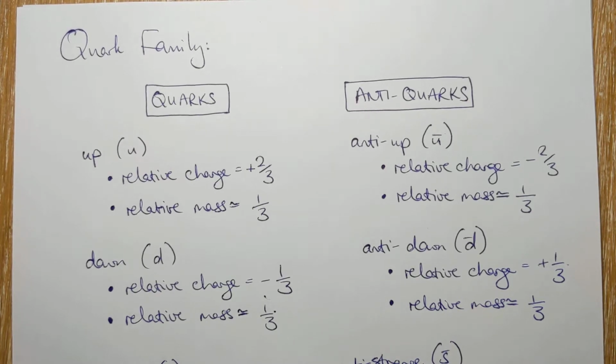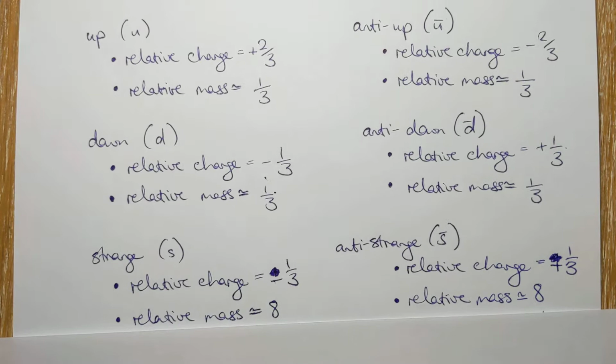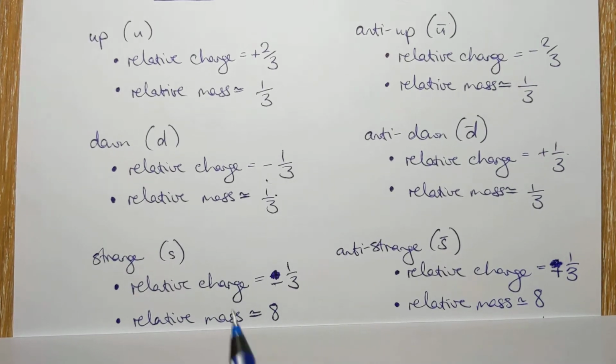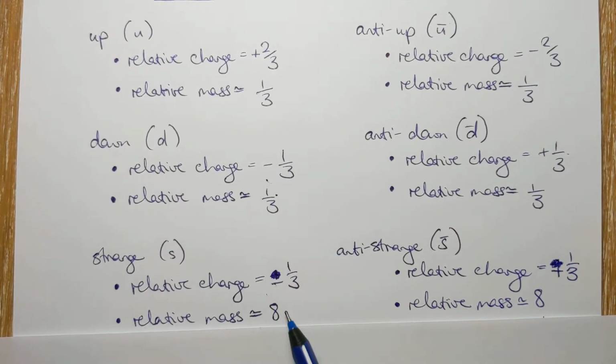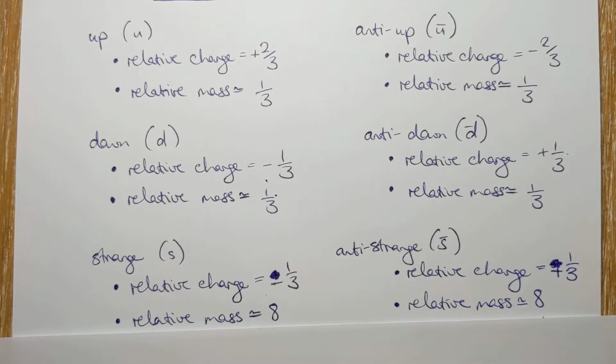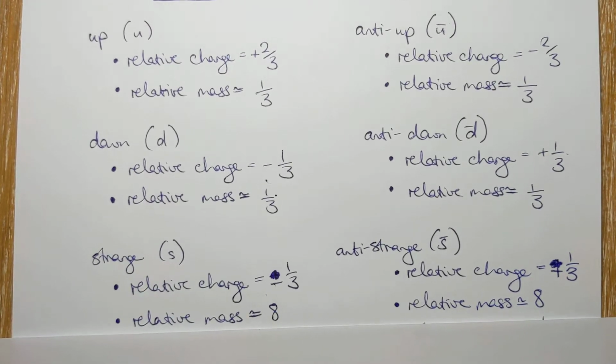But you need a third quark, and that is the strange quark. So it is like a heavy down in the sense that it's got the same charge, but it's got a lot more mass. However, there is a property that a strange quark has that no other type of particle has. The name they decided to give this property was strangeness.